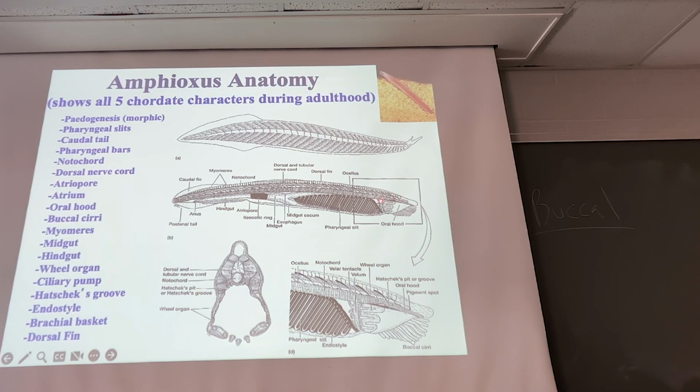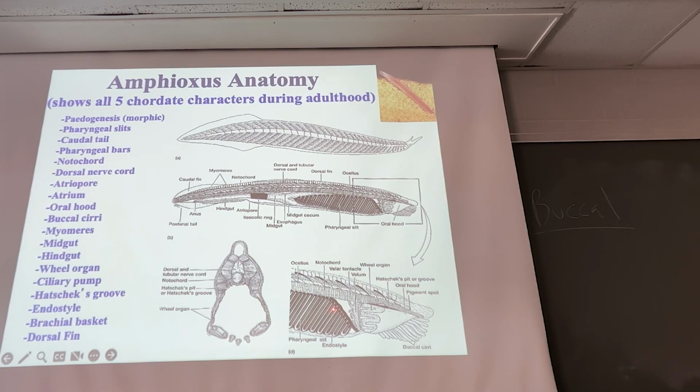And within that large space, there is a specialized organ that's unique to Amphioxus that's called the wheel organ. And it is heavily ciliated. And when this animal's alive, it looks like they're spinning or moving. And that's because the cilia are beating in unison. And so that's why they call it the wheel organ. And what that does is drive water or suctions water from the environment into the oral hood and then into the pharynx.